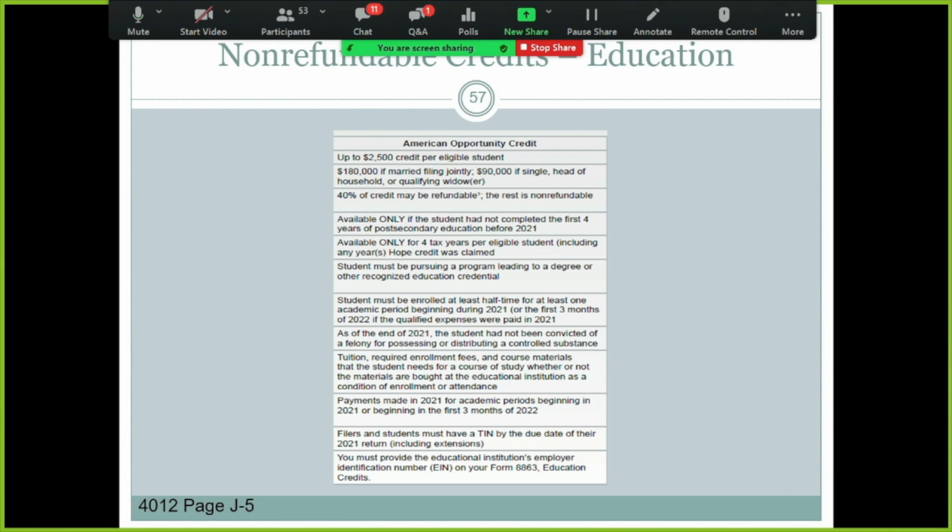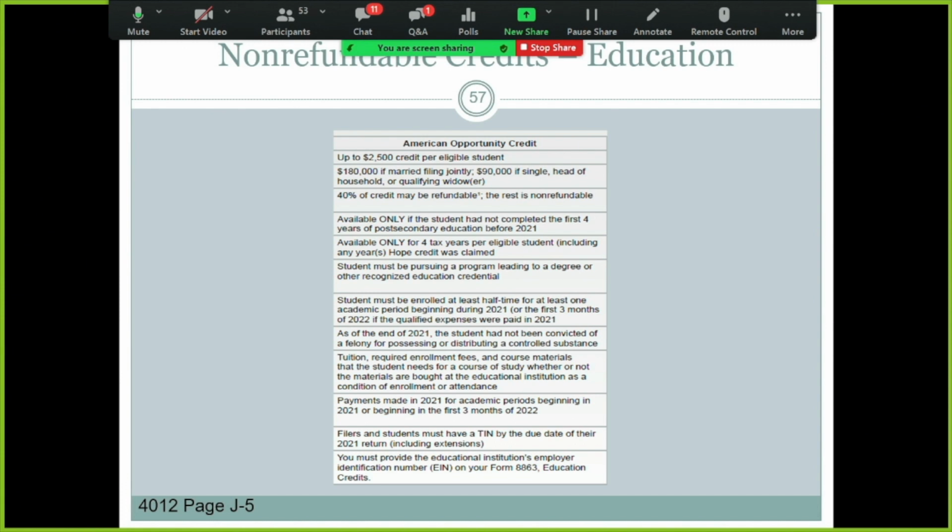Up to $2,500 credit per eligible student. There are income limitations listed based on filing status. Note, 40% of the credit may be refundable. The rest is non-refundable, which means it just reduces your tax liability but does not put any money in your pocket.